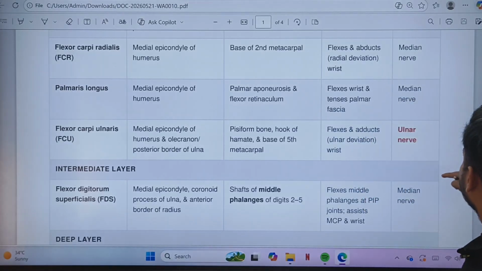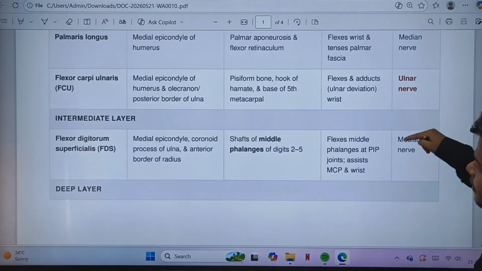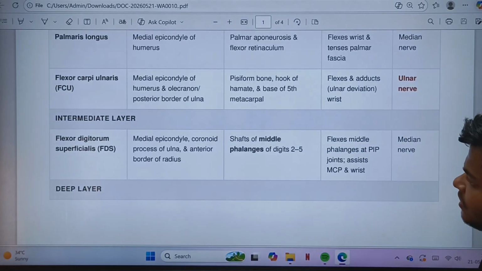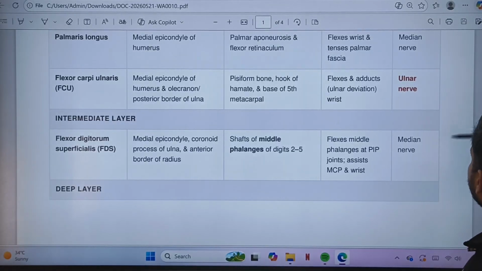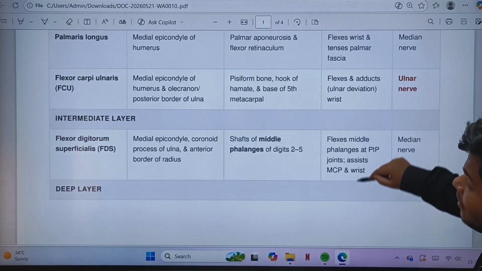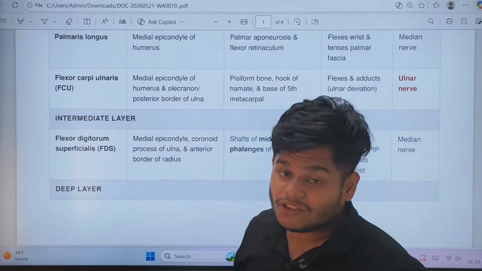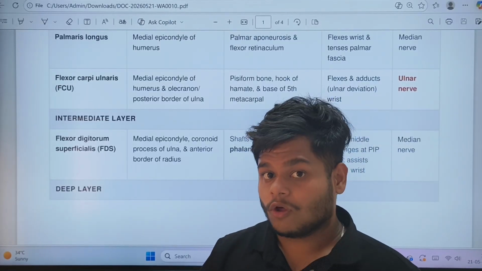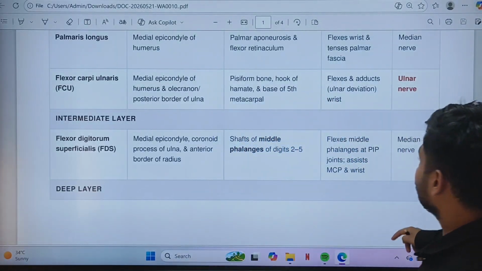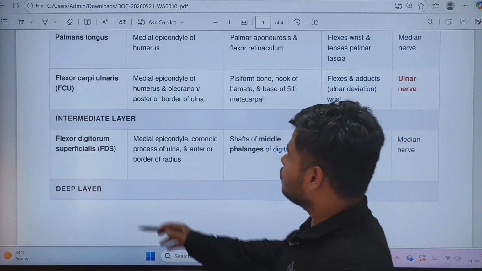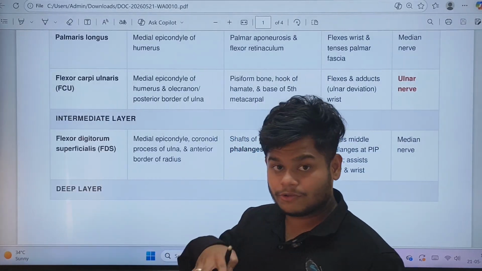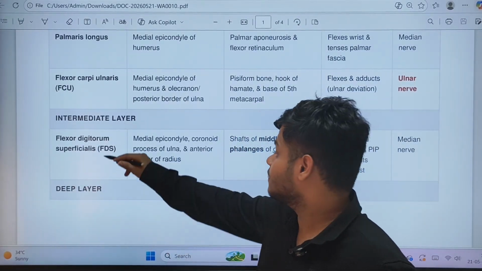Now, the intermediate layer. Some books mention it in the superficial layer, but most accurately it is present intermediately, not superficially nor deep. So flexor digitorum superficialis, as the name itself says, supplies the digits.